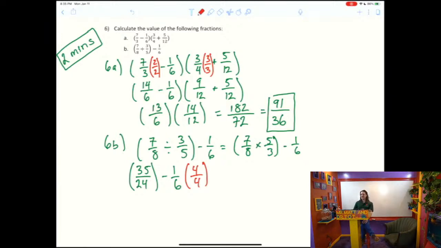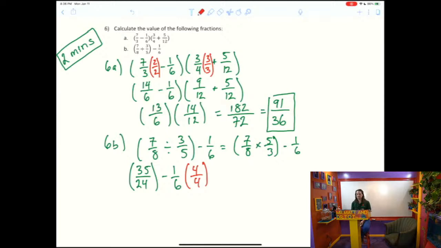Okay, so for 6a, notice that to go from the denominator of 3 to a denominator of 6, I just need to multiply the first fraction of 7/3 by 2 over 2. The same thing is true for that other fraction of 3/4, except to go from 4 to 12, I need to multiply by 3, so I'll multiply that whole fraction by 3 over 3. 7/3 times 2 over 2 is going to give me 14/6. 14/6 minus 1/6 is 13/6. 9/12 plus 5/12 will give me 14/12.